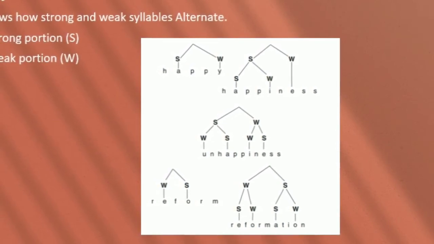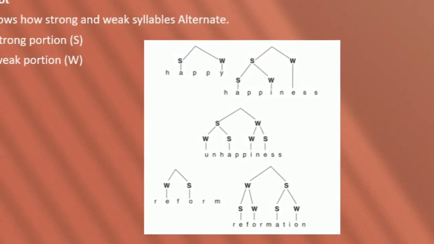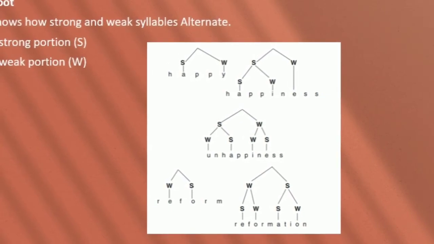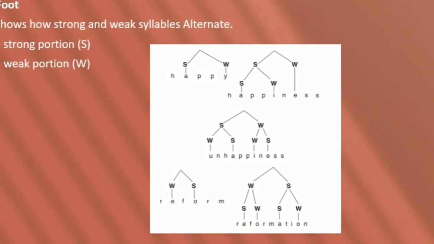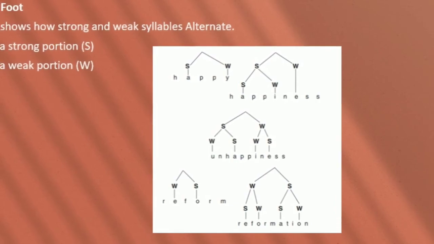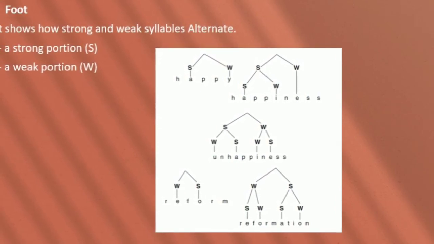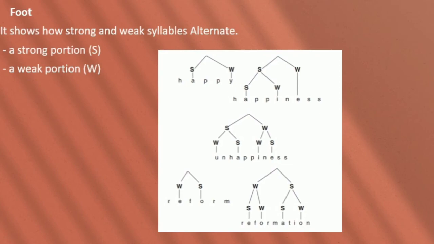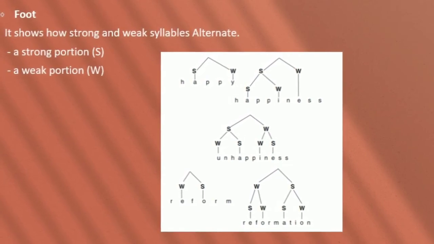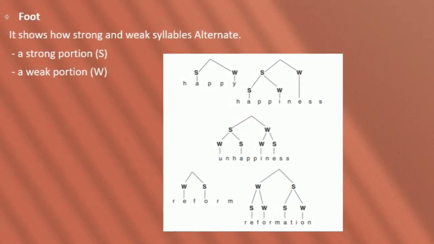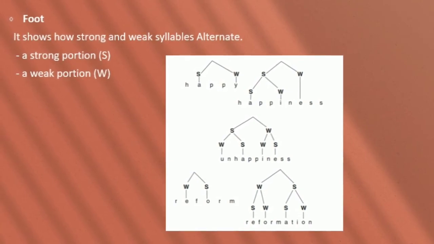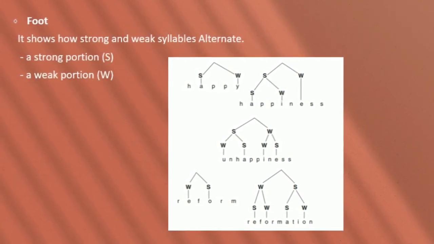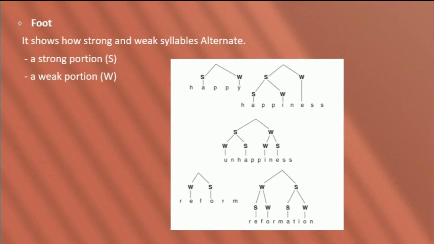It shows how strong and weak syllables alternate, and indicates that each syllable can be regarded as a subportion of a larger unit, sometimes called a foot. In the words, they have been split into a strong portion, S, and a weak portion, W, which in some cases is further subdivided.